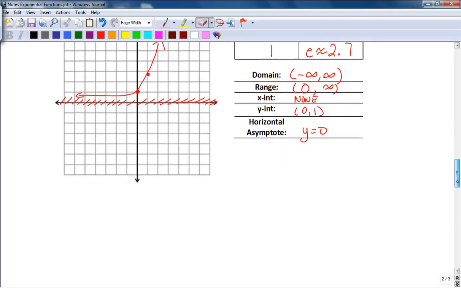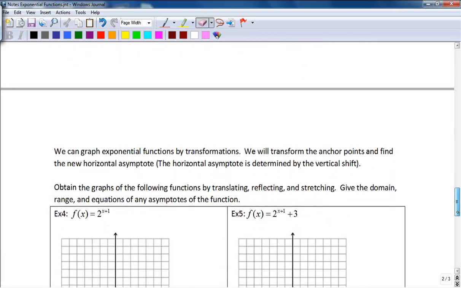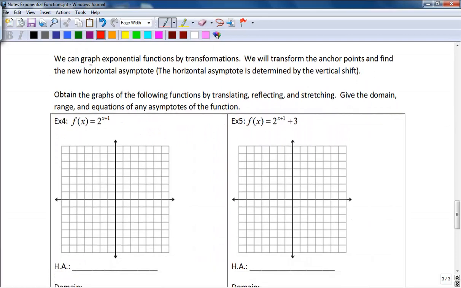Well, let's look at transforming these functions. We can graph any exponential function by transformations. Those transformations, again, were the vertical shift, horizontal shifts, and for these we're only going to look at reflections, no compression or stretch. So we're going to take those anchor points that we know are on there, and those anchor points again are 0, 1, and 1, a, and we're going to transform them.